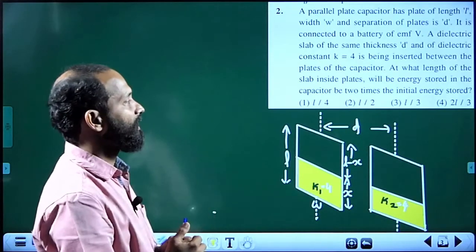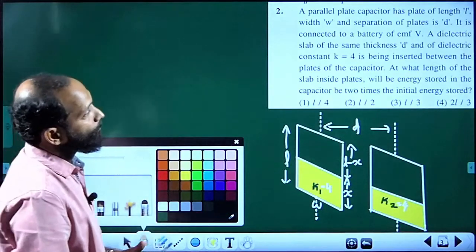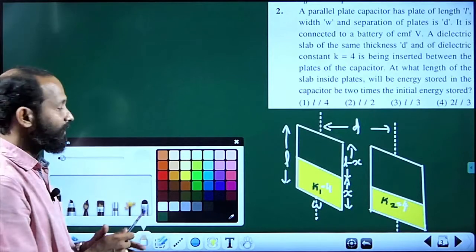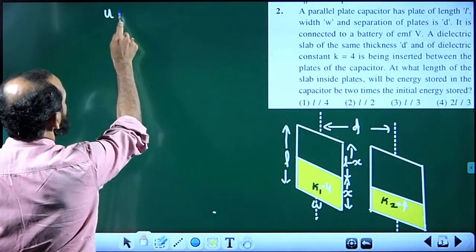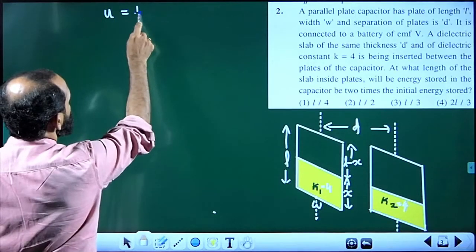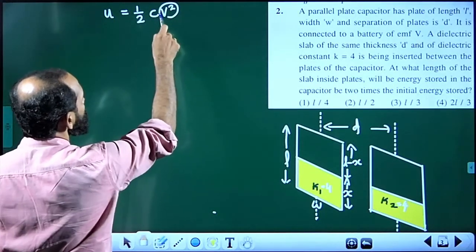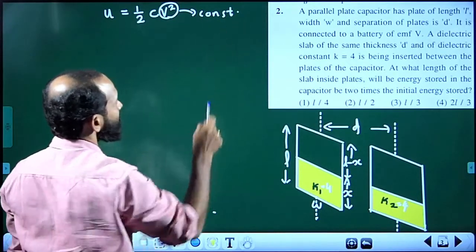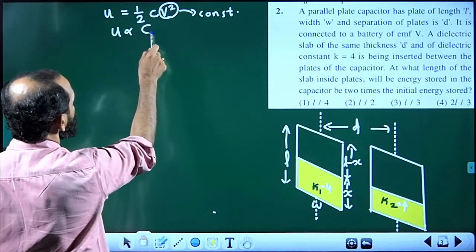We know as the battery is connected, the potential difference remains constant. That is the first concept. And potential energy is equal to half C V square, as V is remaining constant. Because battery remained connected, the potential energy is proportional to the capacitance.